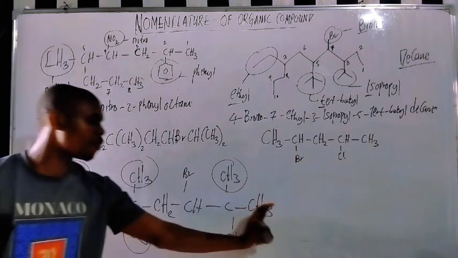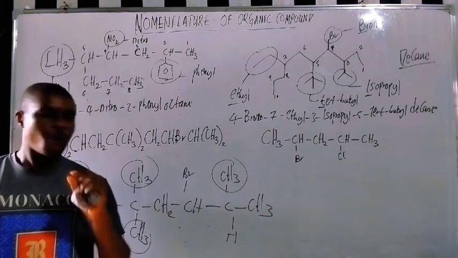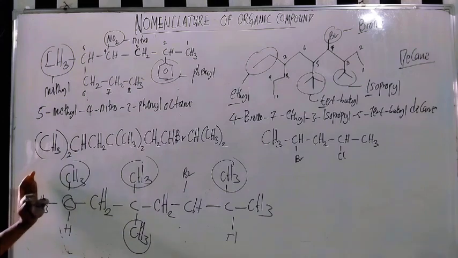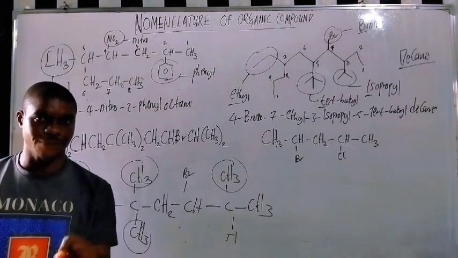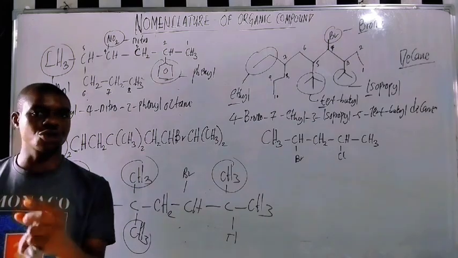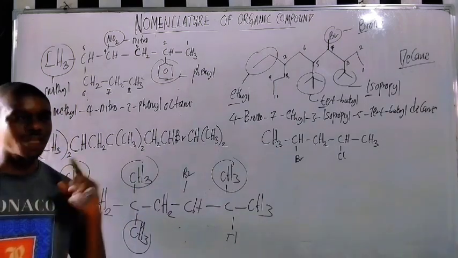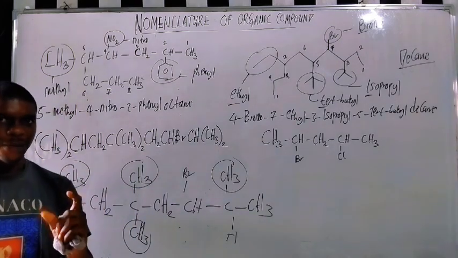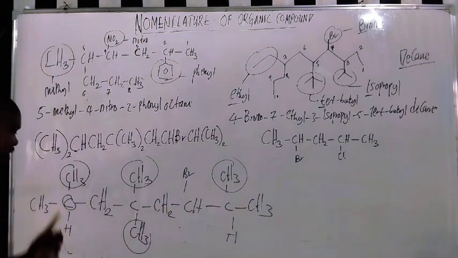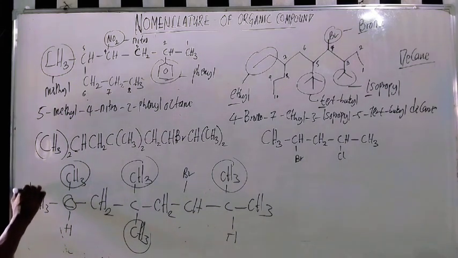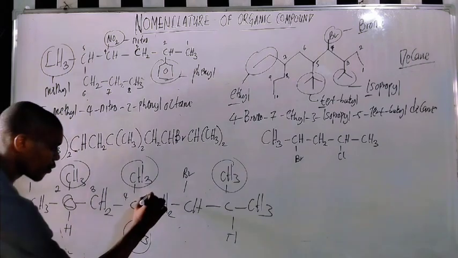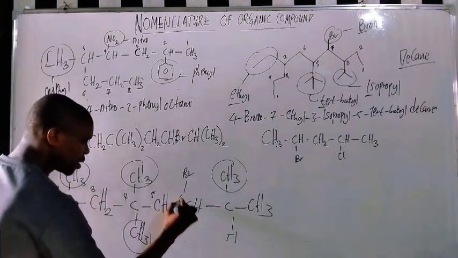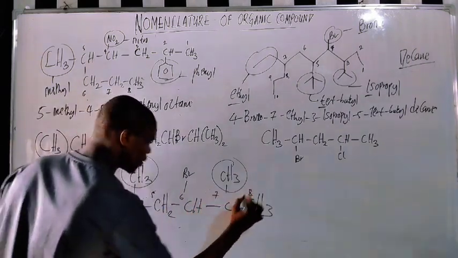I have to number it from both sides, because where am I setting my number from? I don't know. So I must take from both sides to see the one that gives the lowest possible number. If you're not too sure, you have to number from both sides to see the one that has the lowest possible number when you sum the positions. So if I start from here, you have 1, 2, 3, 4, 5, 6, 7, 8.